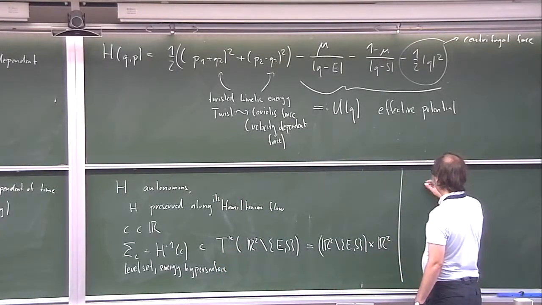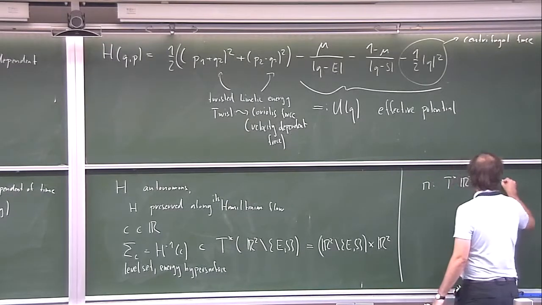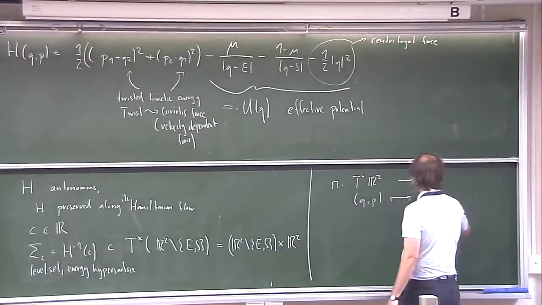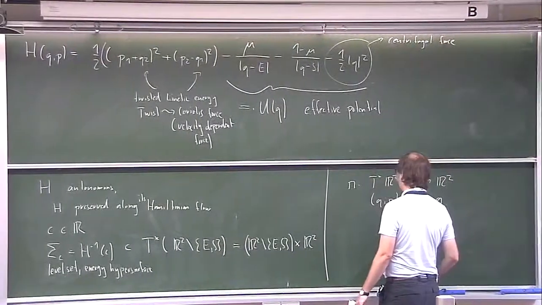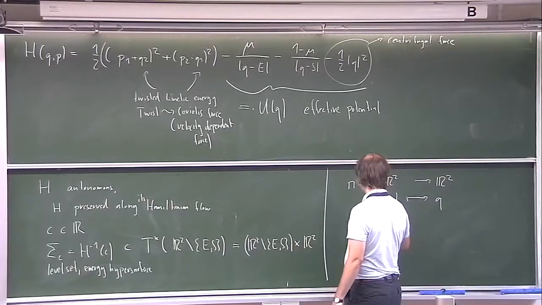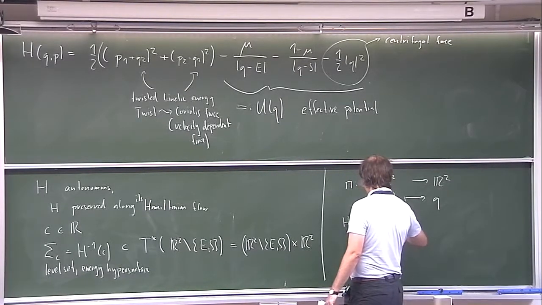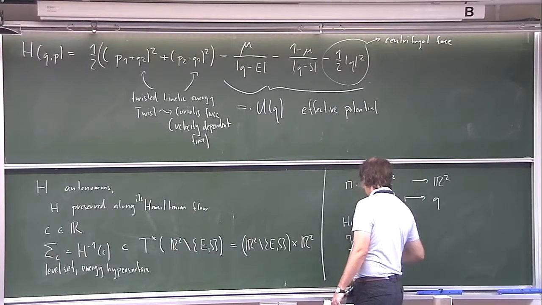We look at pi from T star R2 to R2, (Q,P) to Q, so we just look at the position space and the Hill's region K_C.